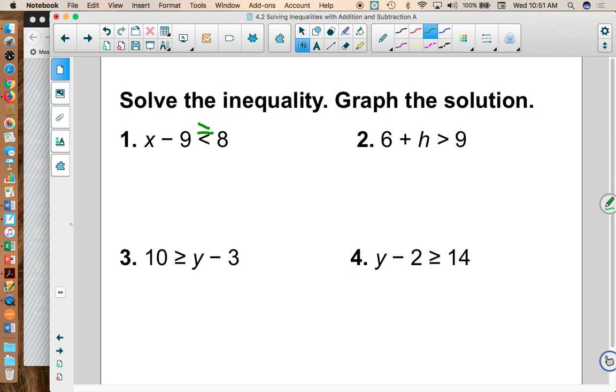How am I going to do it, Gabriel? You put plus negative 9, and then you would add 9 to 9 to zero it out, and then you would add 9 to 8, which would be 17, and then x equals 17. And x would equal 17, right?